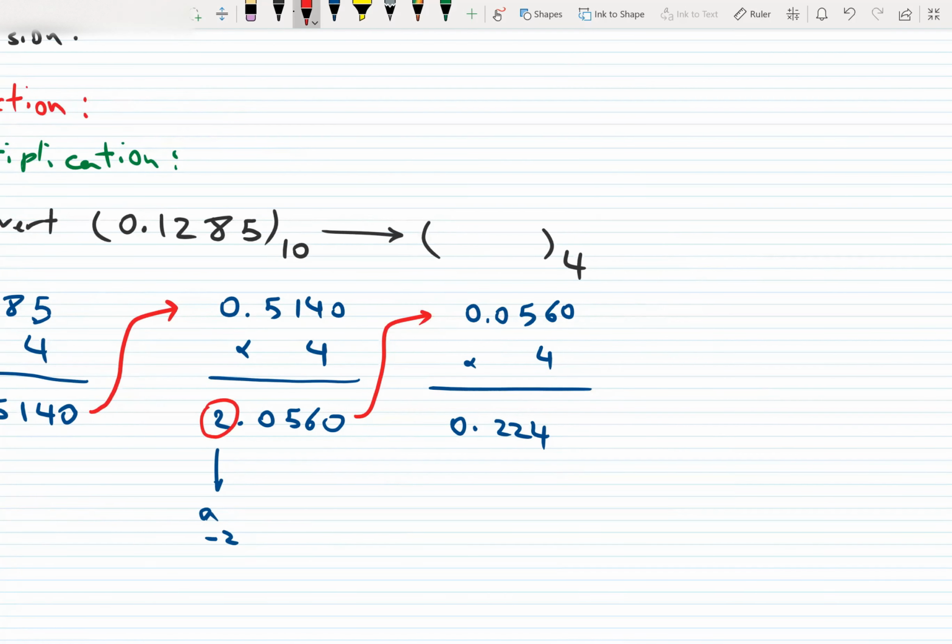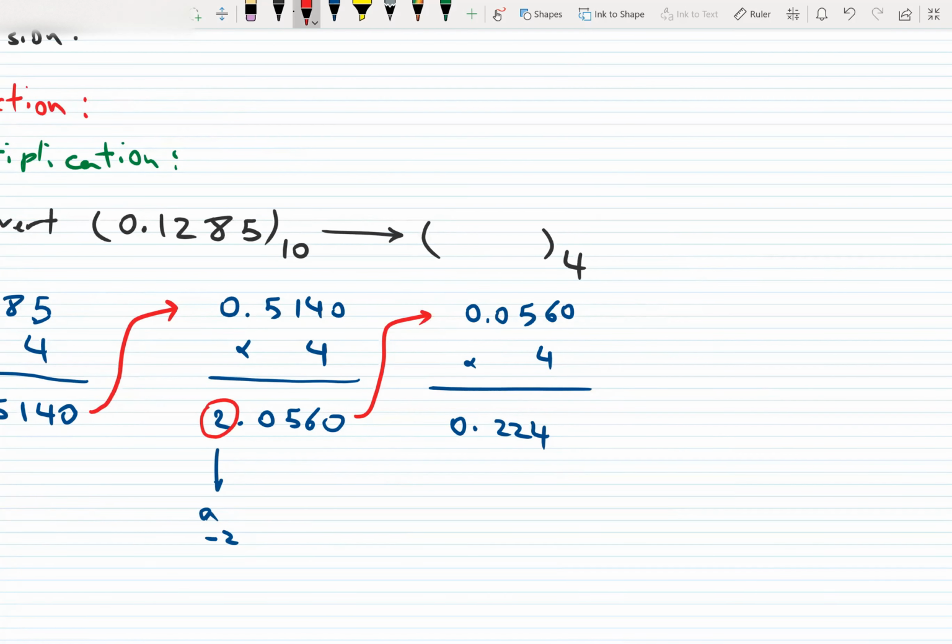The answer is: 0.1285 in base 10 is equal to point, and we put the 0 before the point because it's a fraction part.